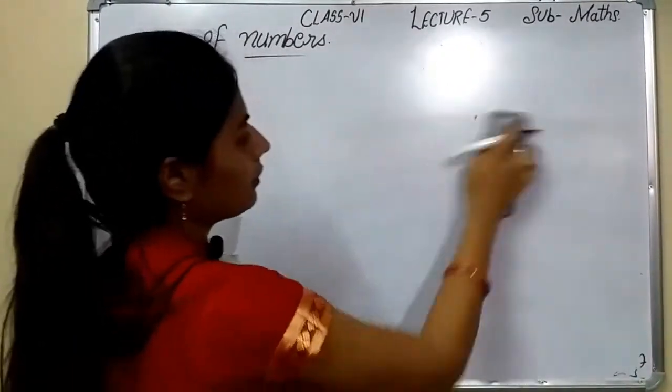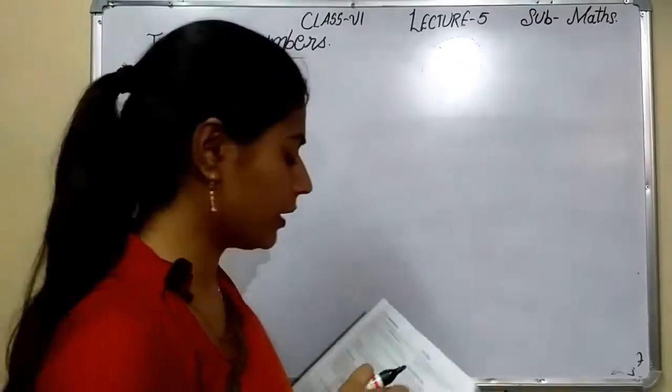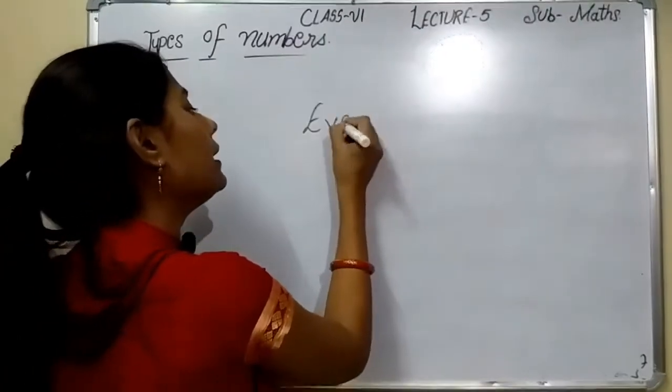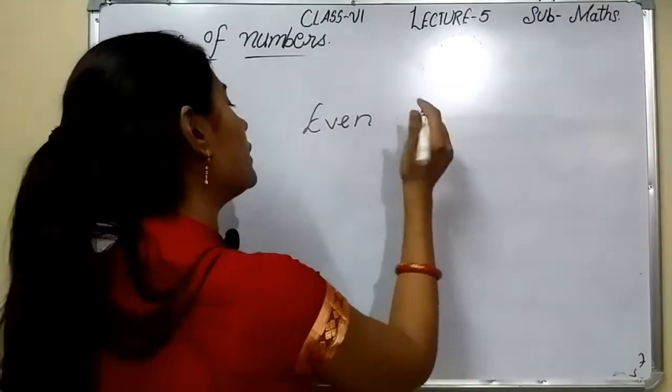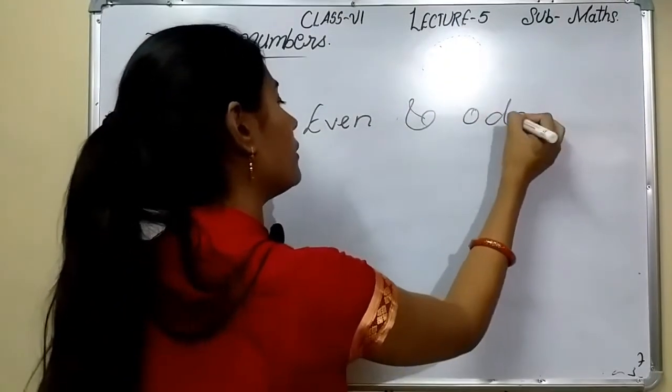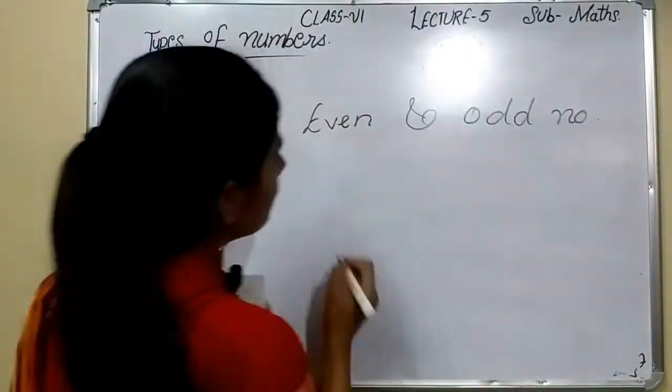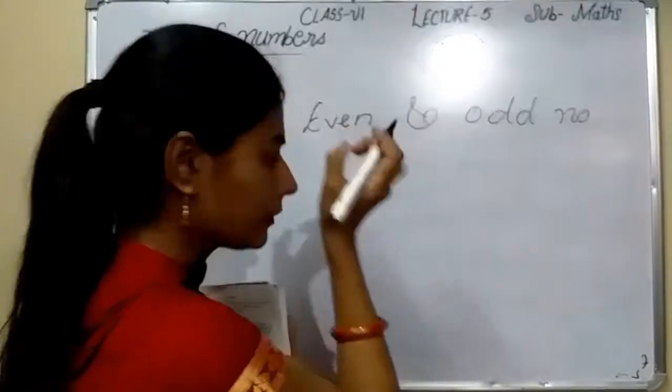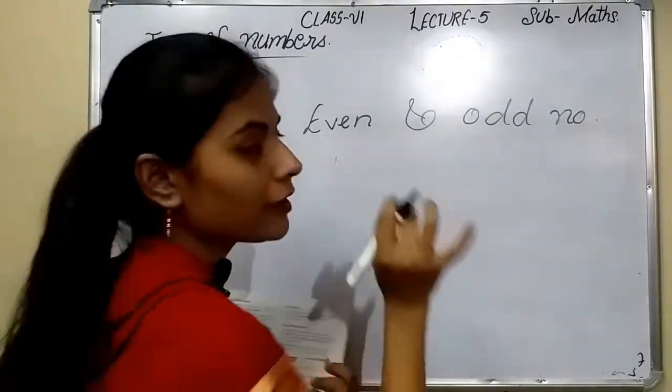Now see, that is the most important thing, even and odd numbers. I think that you already know these. See, what are even numbers? Even numbers are multiples of 2.